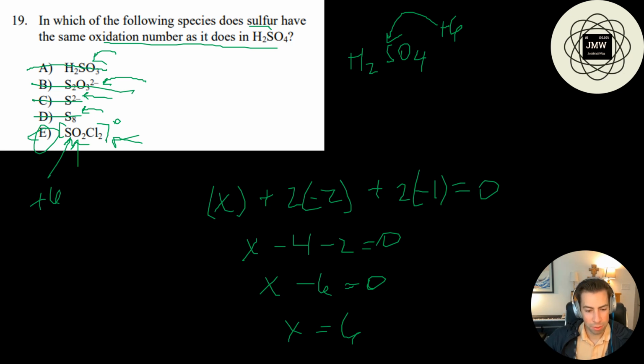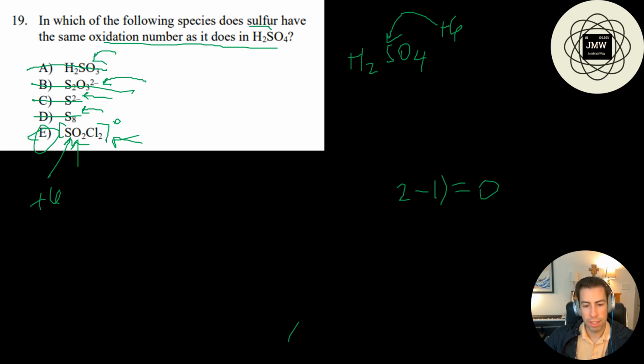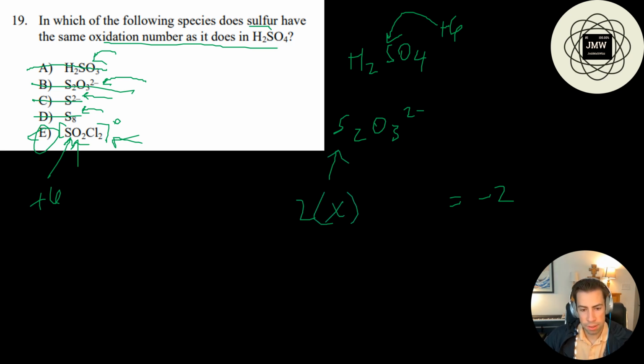Well, okay, you know what? Let's look at B and double check our work, make sure that it can't be B. So if I have S2O3 2 minus, then everything has to equal that -2 value, right? I don't know what S is, so it's going to be 2 times whatever the value for S is. And then I need to add this to 3 times -2 because there's 3 oxygens with a -2 oxidation number.